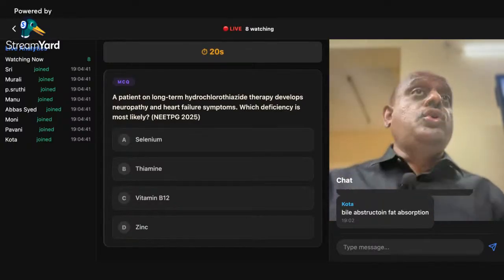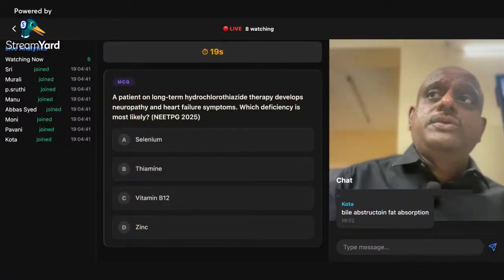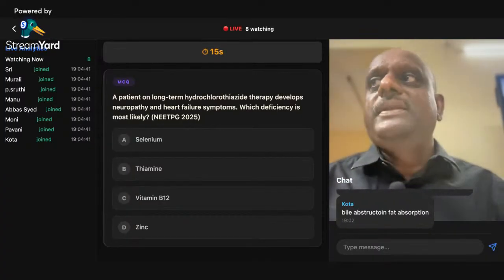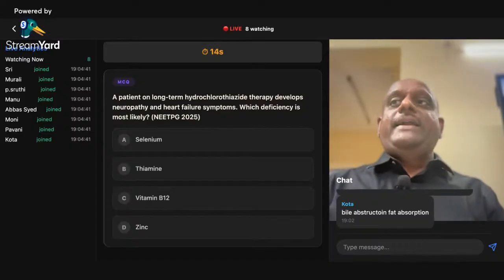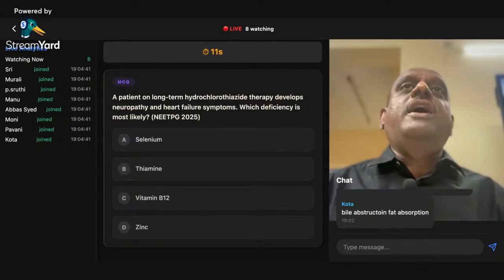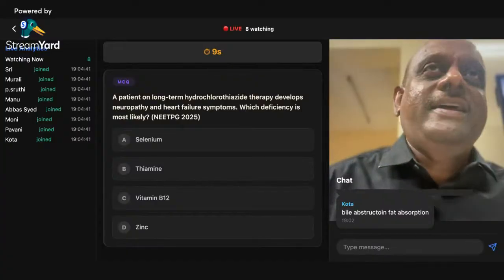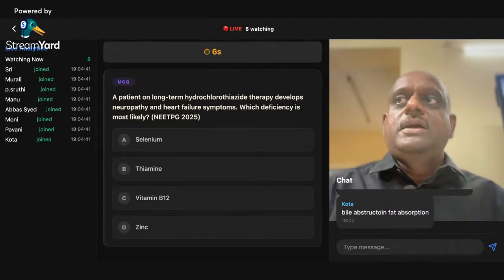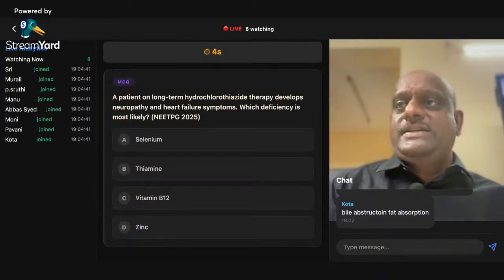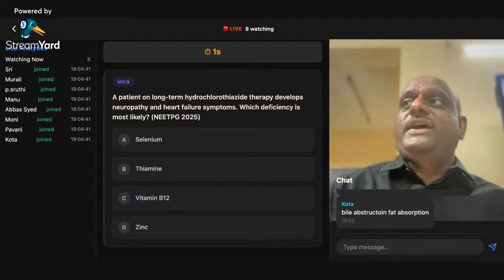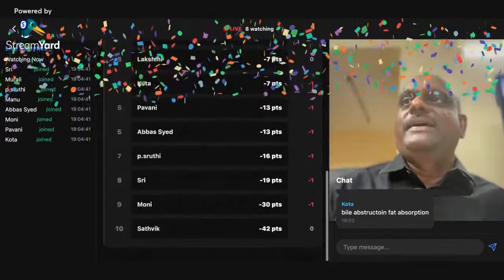A patient on hydrochlorothiazide develops neuropathy and heart failure symptoms. Which deficiency is most likely? Neuropathy and heart failure symptoms. Cardiomyopathy. But long-term hydrochlorothiazide, that is an interesting push the examiner is trying to give you.